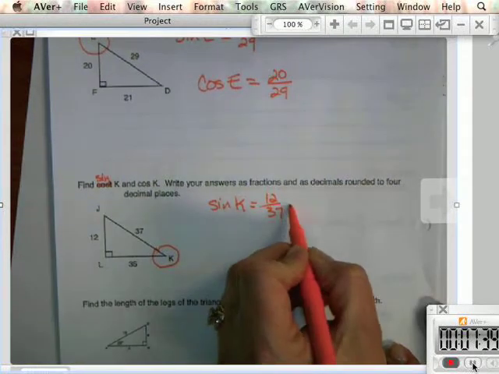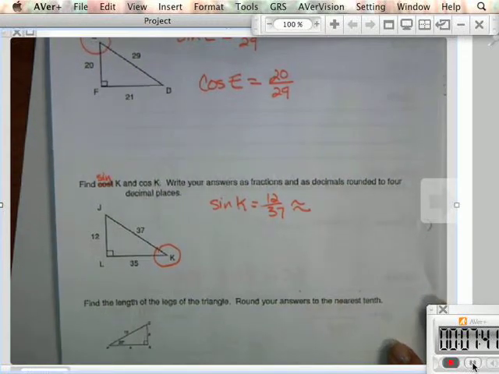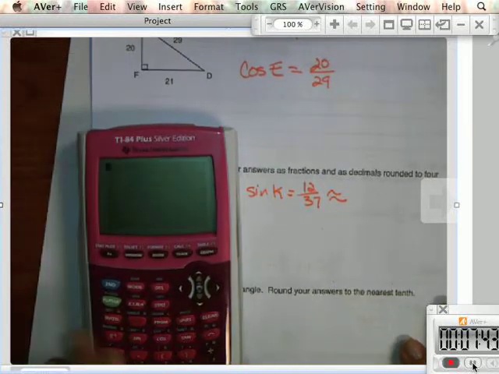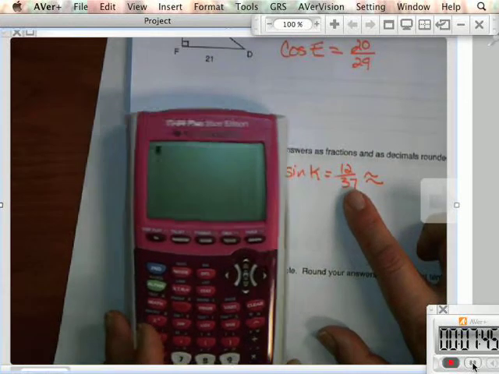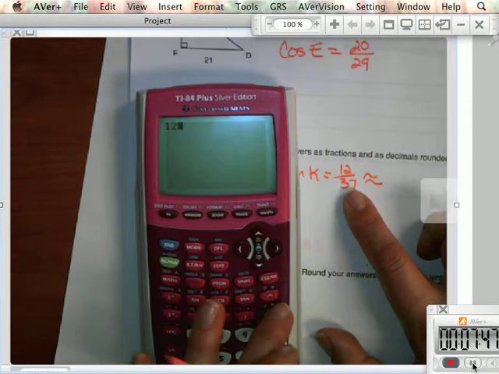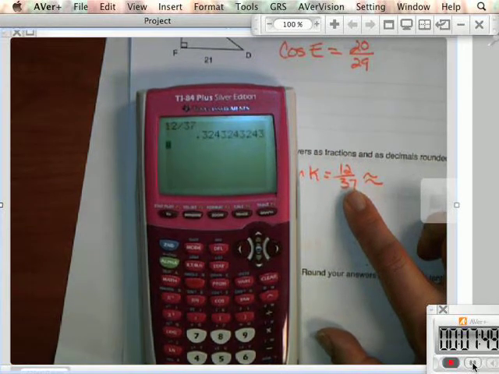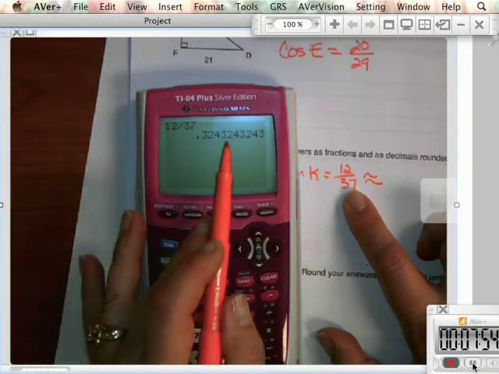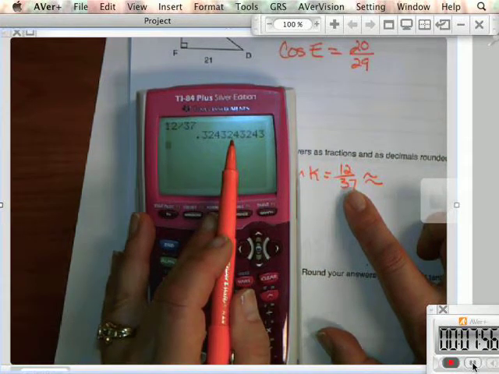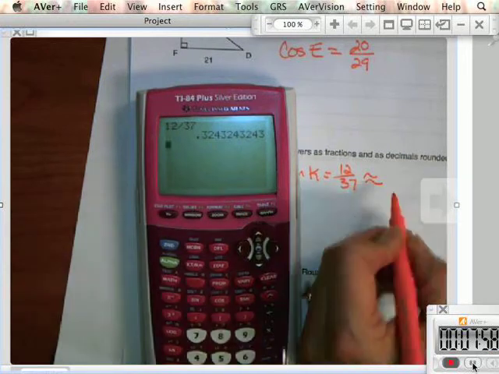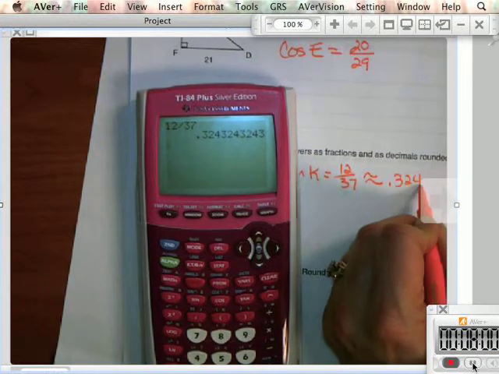So sine is 12 over 37. I make this into a decimal by simply doing 12 divided by 37 on my calculator. And I've got to go to 4 places. So there's the 3. What's after it? 2. So I just drop these off, and it's going to be 0.3243.